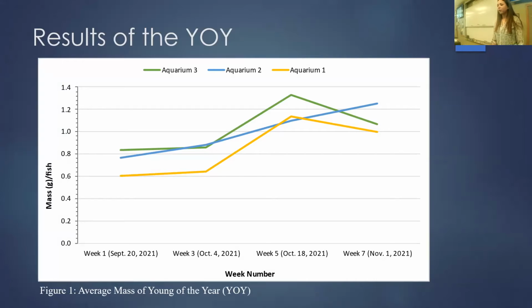After analyzing the data, I found that the fish increased in weight significantly by week 3, and the young of the year didn't really. You can see there's a decline at week 5, and that was due to mortality, but I'll get to that in a second.